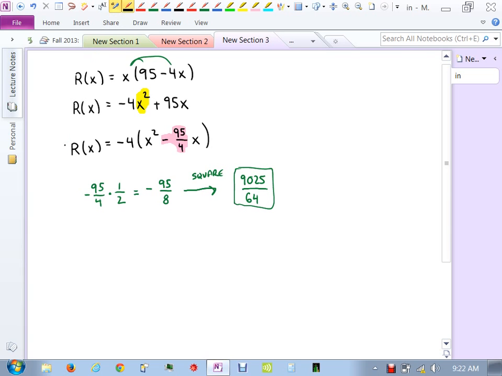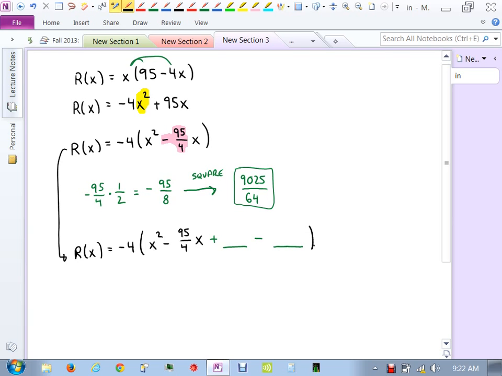So I'm going to rewrite my revenue function, r of x equals negative 4. Now I'm going to do this a little bit differently than the computer. I think this is a safer way to do this problem. Watch. I'm going to add a number here, and then subtract the same number here, and then close my parentheses. I'm doing that all inside of the parentheses.